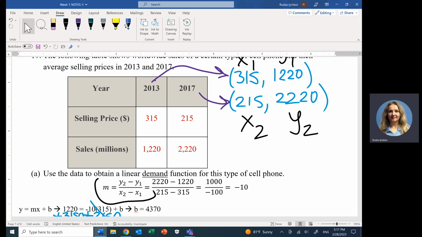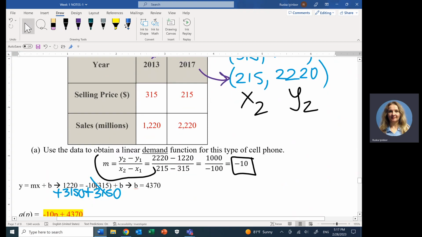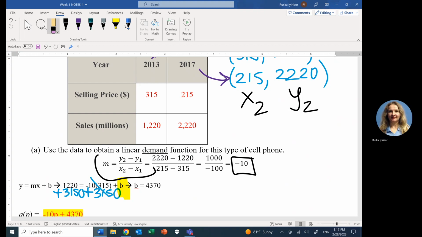When you simplify, the slope is negative 10. Then using the equation mx plus b, we use one of the points, the first one. y equals m times x, and we find b the same way, and we get b equals 4,370.